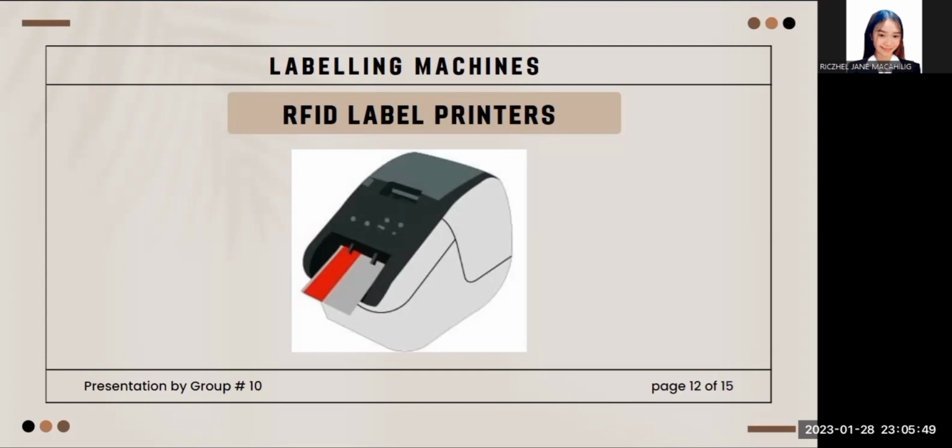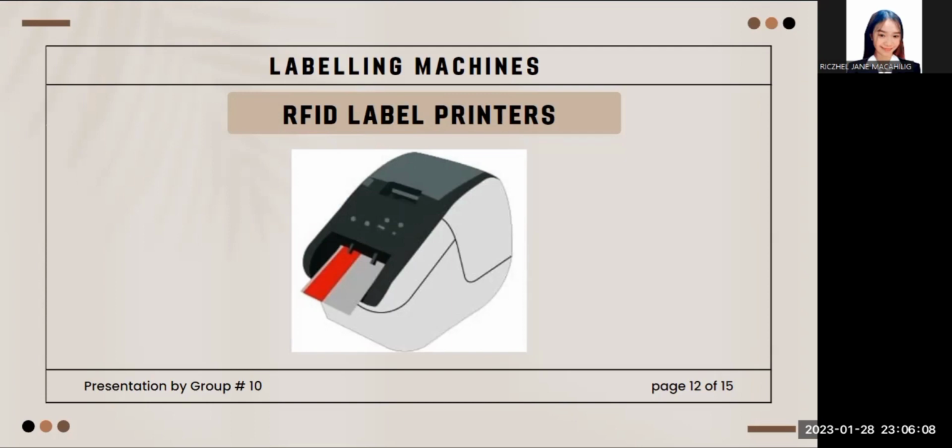In addition, RFID label printers perform several tasks. Unang-una, they write and encode yung mga data sa bawat RFID chip. Yung printer naman is i-verify niya yung mga input data kung tama ba yung pagkaka-encode.